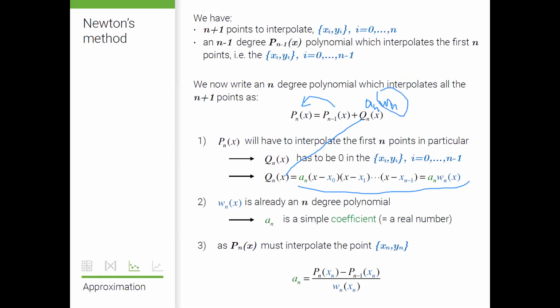Divide by this Wn, and you will get this coefficient an. So Pn of x must interpolate the points xn and yn, and an is found by this formula.